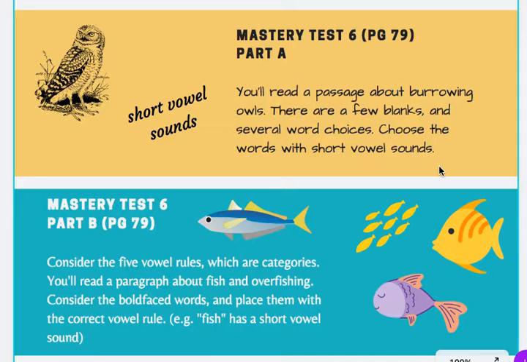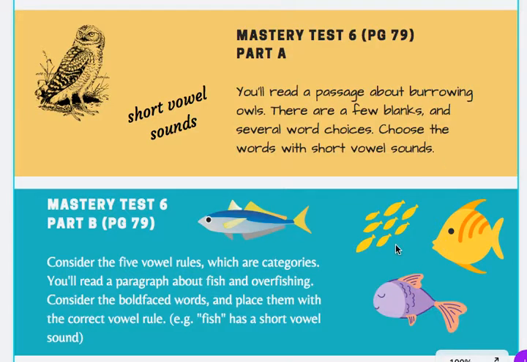You'll choose the words with the short vowel sounds, and I sort of grouped these. So like the first part of it, you'll see a few sentences with a few blanks, I think 3 blanks, and then the choices will be like 3 sets of words for the 3 blanks. So you need to choose the set with all short vowel sounds, okay?